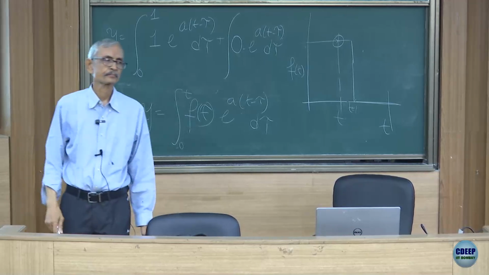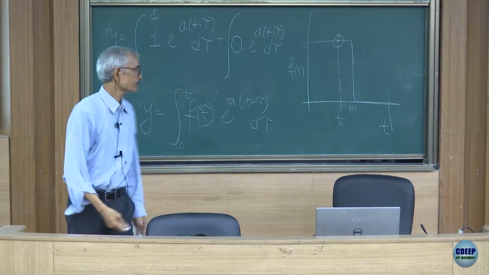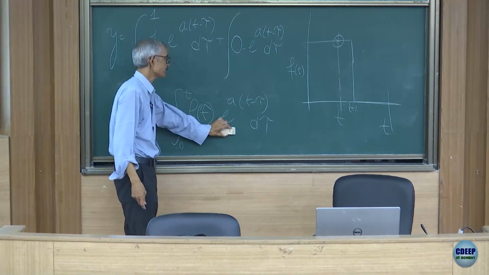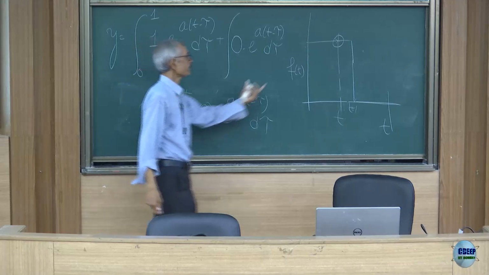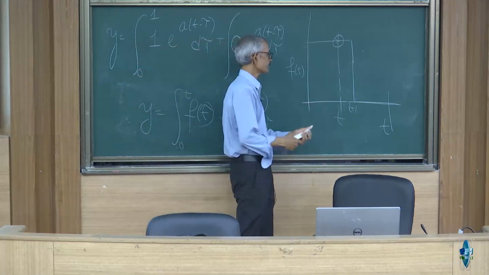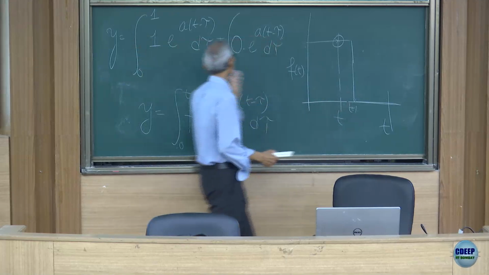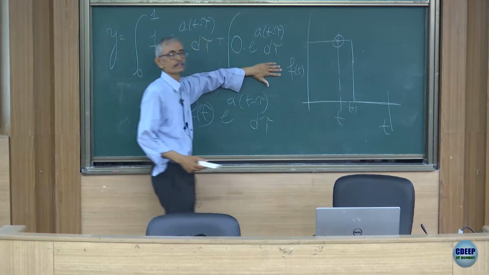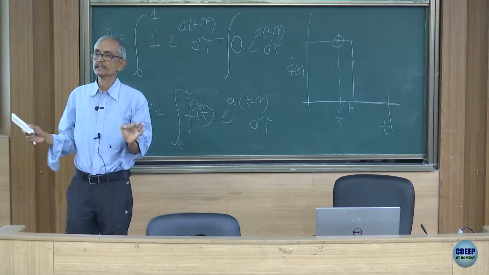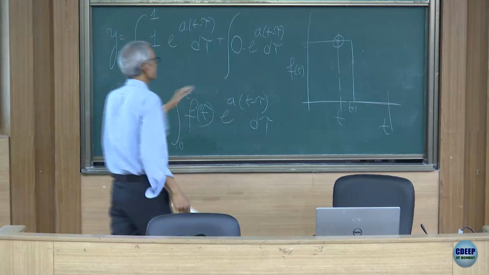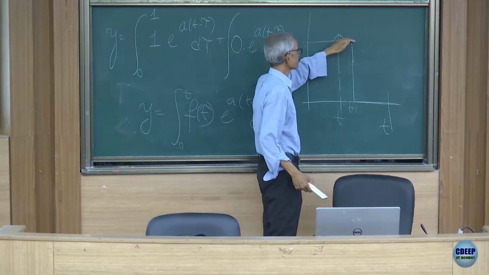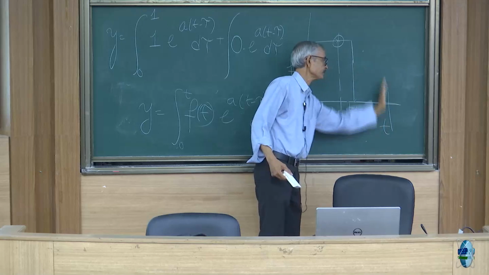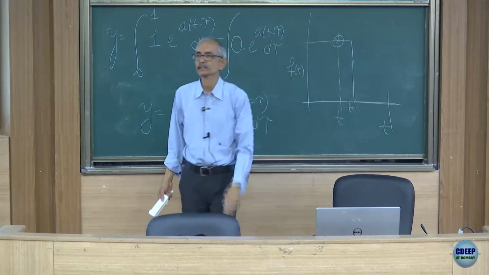Okay. So if I am talking about this integral here and my f(t) is this, then from 0 to 1 I have this integral here, and subsequently I have this integral here. This has taken care of this condition as well as this condition when the system is at this particular time.